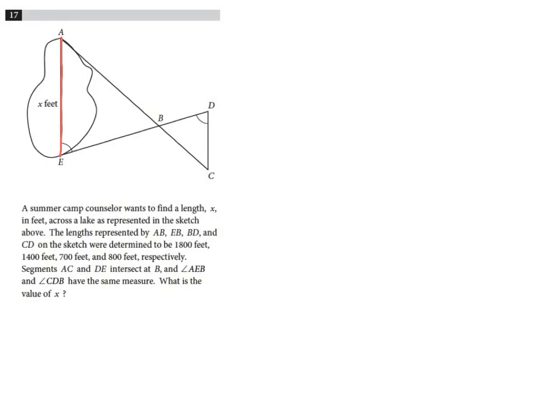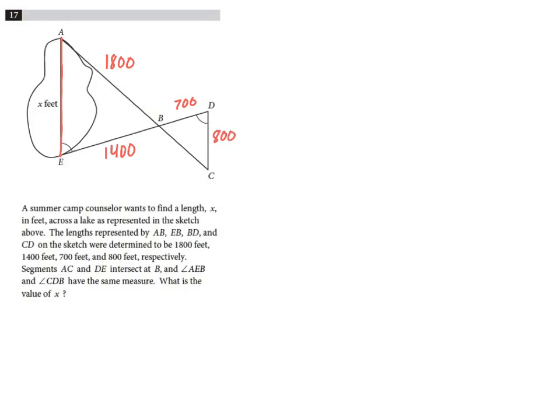So it says that AB is 1,800 feet. It says that EB is 1,400 feet. And it says that BD is 700 feet. And it says that CD is 800 feet.